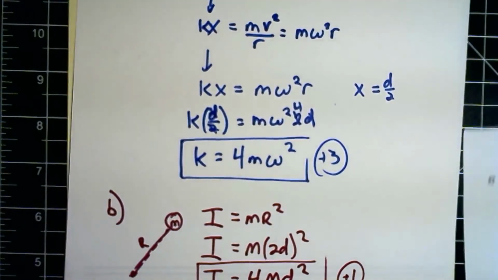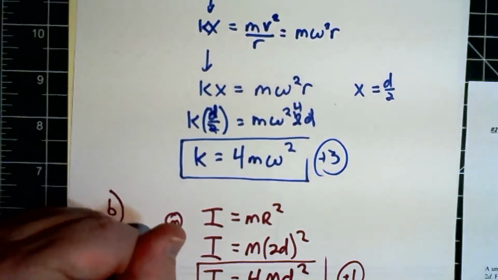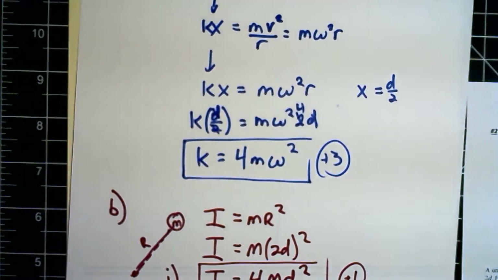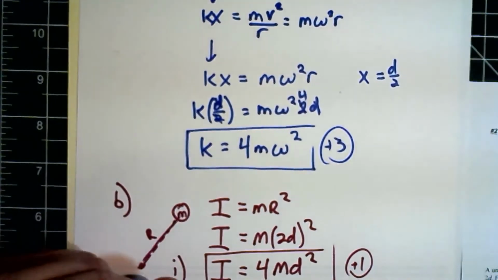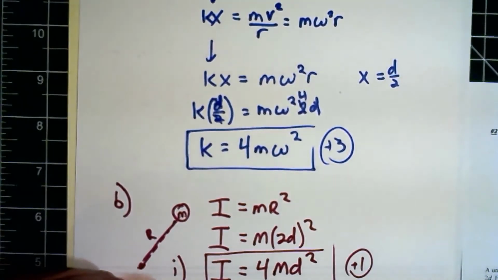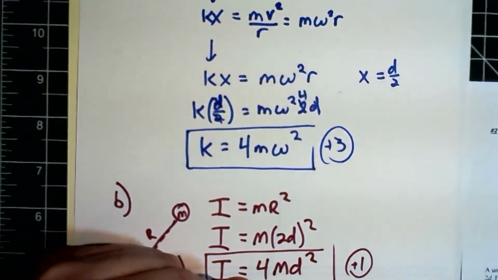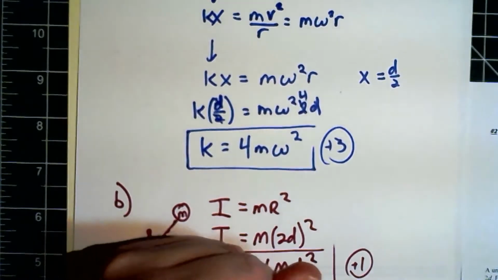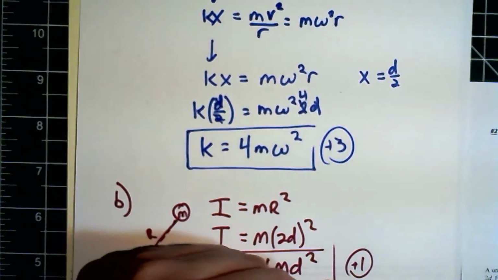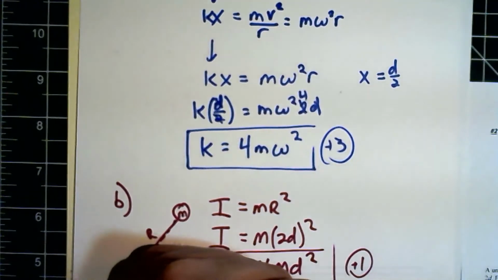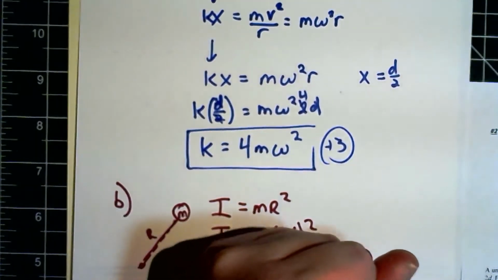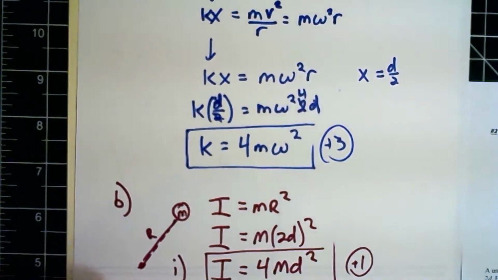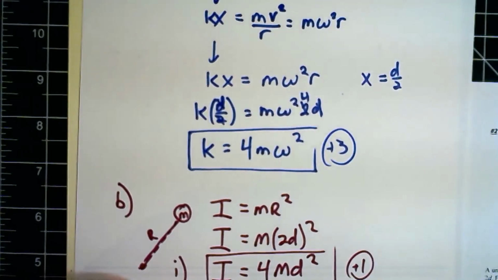For part B, the second part, BII, it says derive an expression for the rotational inertia of the entire system. So for the entire system, total system inertia, it's going to be for the block, which we just determined, plus the platform, plus the rod. Yeah, can't forget about the rod. The rotational inertia of the block is 4md squared.